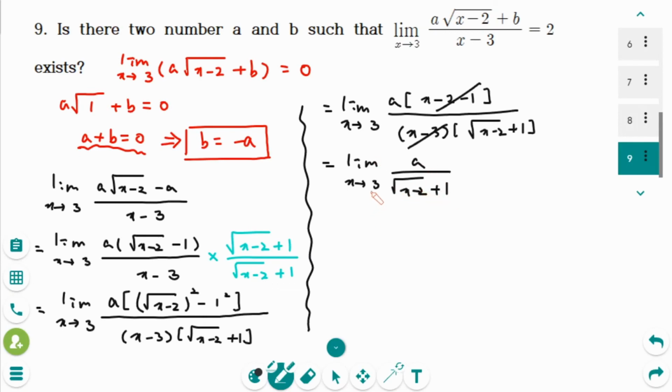And put 3 into x: a over √(3−2), which is 1, plus 1. So it is a over 2. But this is the left side, it must equal the right side, which is 2. And then make a fraction and cross multiply. So a equals 4.